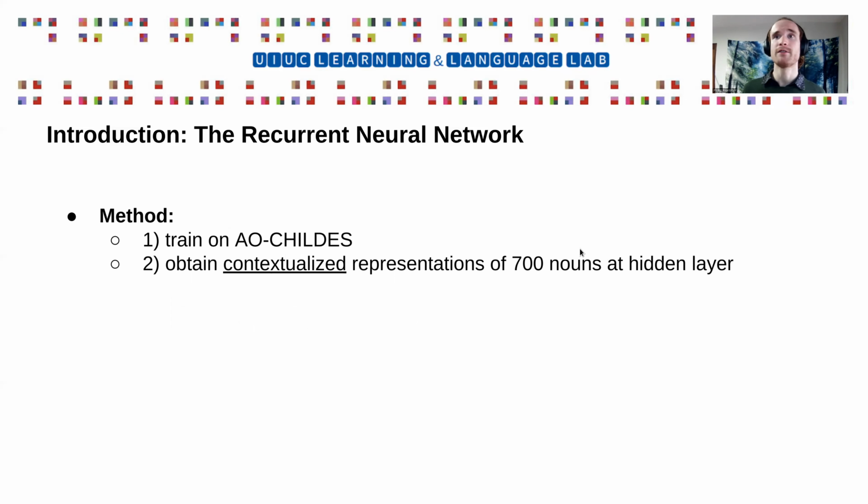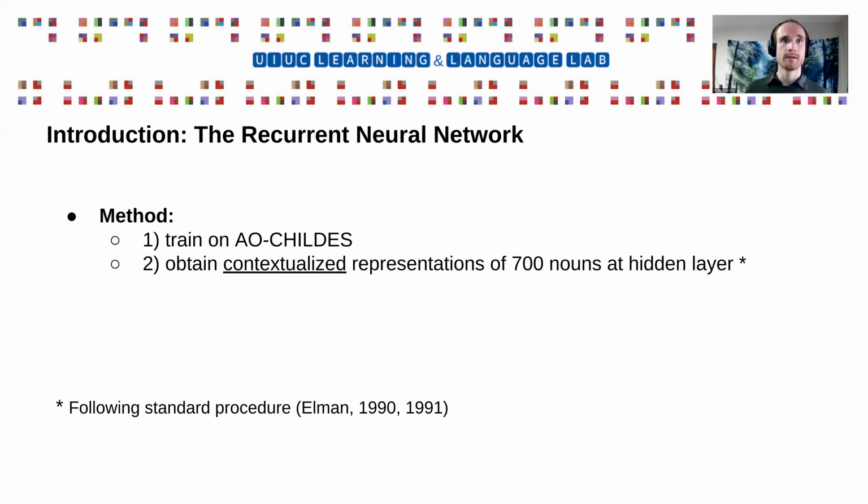I use 700 nouns for which humans have previously generated semantic category labels. These are 700 nouns that not only occur frequently in the corpus, but for which we have human-generated data, so that we can compare the knowledge that the model has learned to the human-generated category labels.